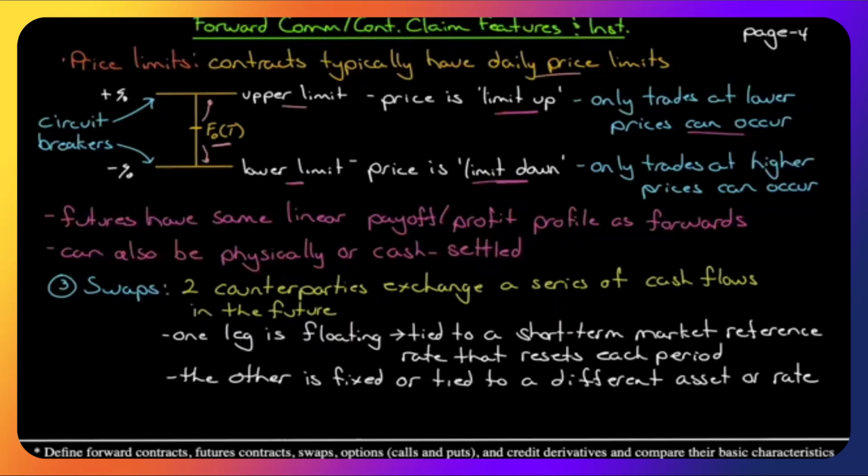Because if you don't have these circuit breakers, if the price gets too far, what's going to happen is the short side is going to have to cover their contract by buying a long offsetting position, which pushes the price higher, which forces more people who are short to buy long positions to offset, which pushes the price higher and higher and higher, and you have a disorderly market because now the price is not reflecting the fundamentals of the underlying.